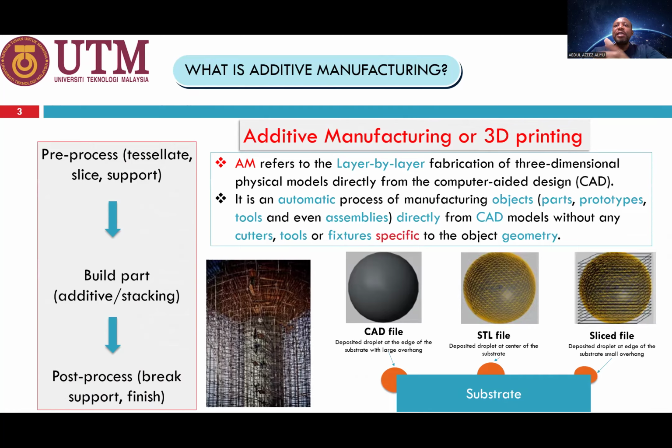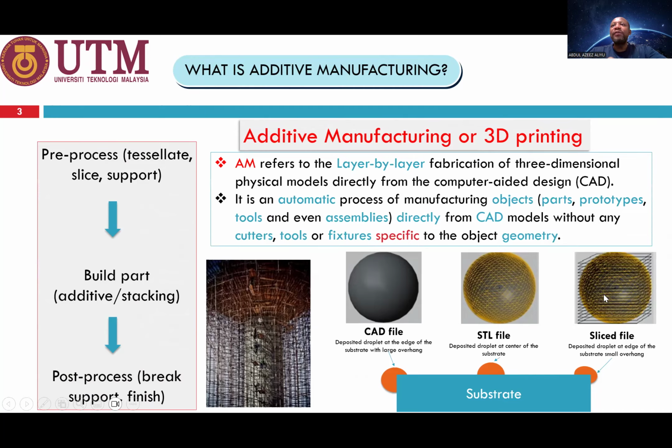That is converting the CAD model into stereolithography format, and this format consists of a number of triangles. So this is a kind of file that is understood by the machine. After this, you need to slice it, to allow you to use the concept of additive manufacturing, that is deposition layer by layer to form the final part.